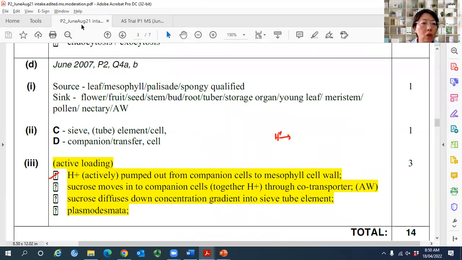Next, sucrose will then move into the companion cell through a co-transporter, or any other word with the same meaning. It means sucrose is co-transported with protons into the cell, 1 mark. Next, sucrose will then diffuse down the concentration gradient into the sieve tube element.